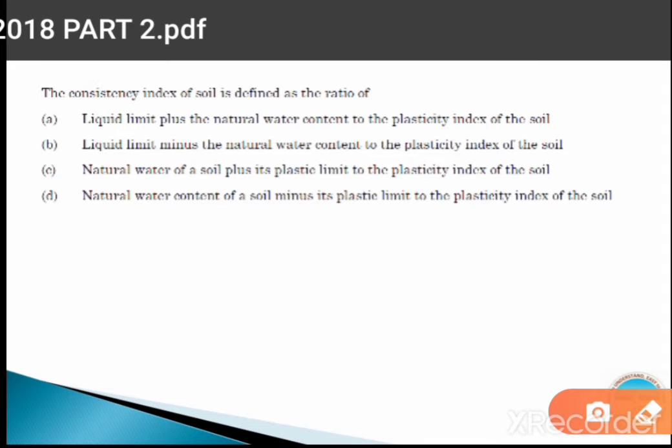The correct answer for this question is option B, liquid limit minus natural water content to the plasticity index of the soil. The explanation is: consistency index represents the in situ behavior of soil, and it is represented as liquid limit minus natural water content to the plasticity index of the soil. And plasticity index can also be defined as liquid limit minus plastic limit.